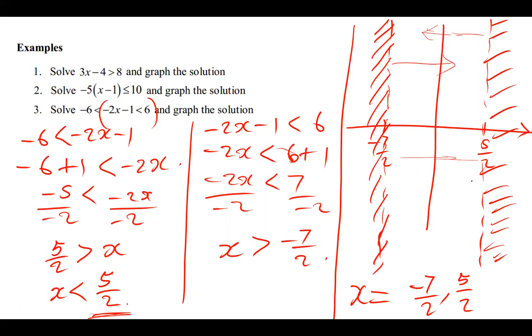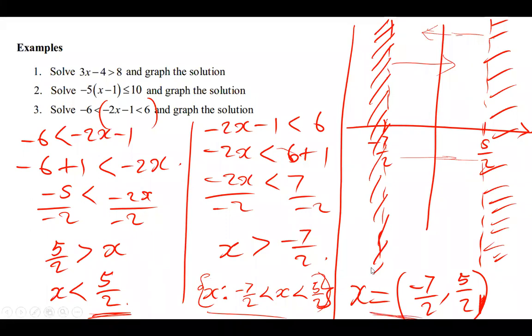Because we have dotted lines on both ends, we're going to have this kind of brackets. So this is the solution set, or if you want, you can write it in set builder notation, which can just be written as x such that -7/2 less than x less than 5/2. So this one, use this kind of brackets. This one is exactly the same as that.